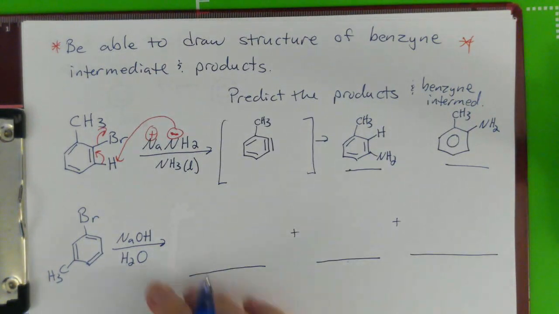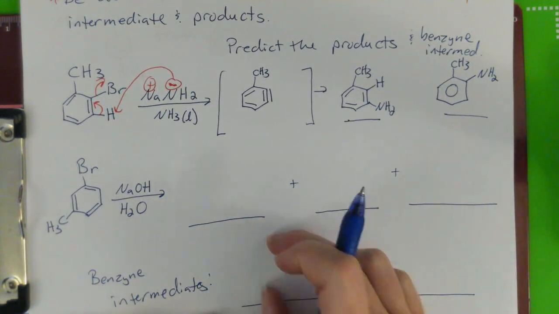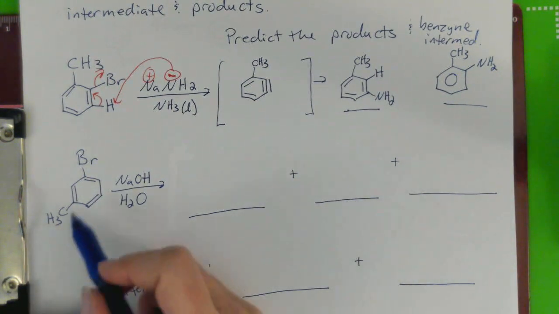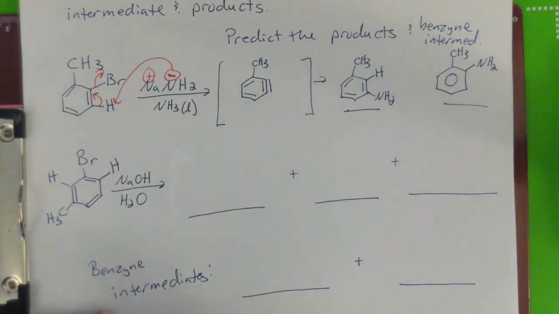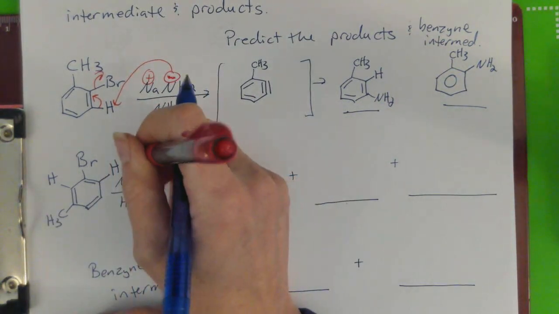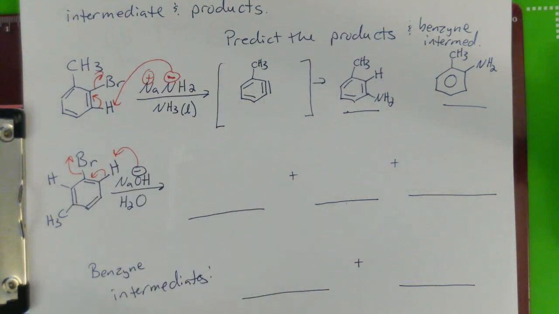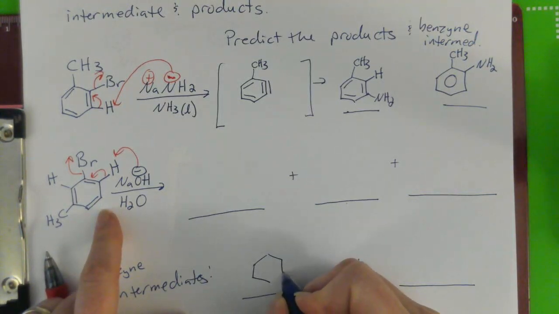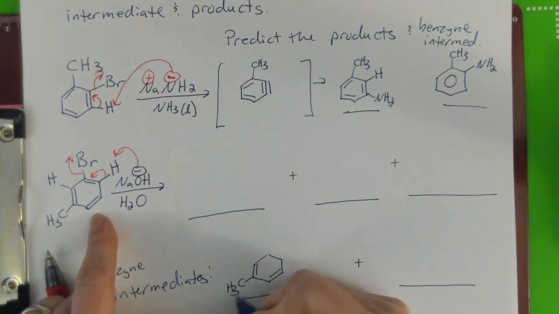So notice here we're putting an amino group directly on the ring. Here, there's a hydrogen there. Okay, so now let's try this one here. Let's put our benzyne intermediates down here, and I've got two spots for them because we've got two that we can make. Why? Because of this, we've got two different ortho protons. So if I do this, I get as my intermediate, still have this there.